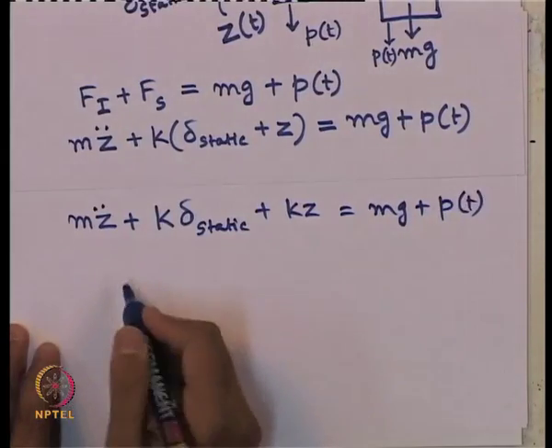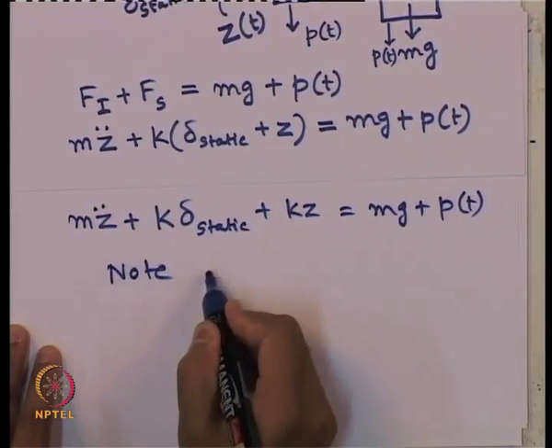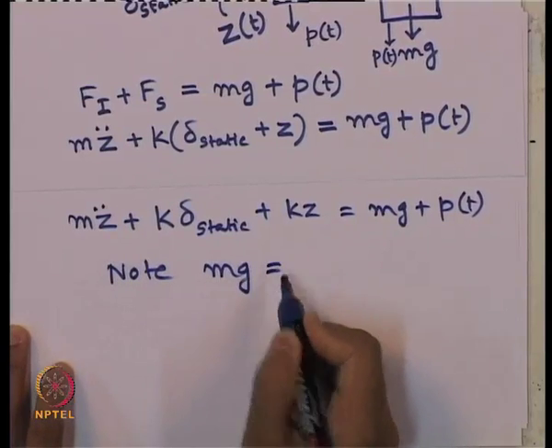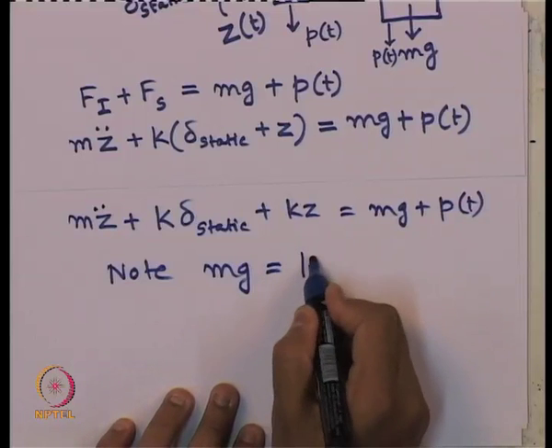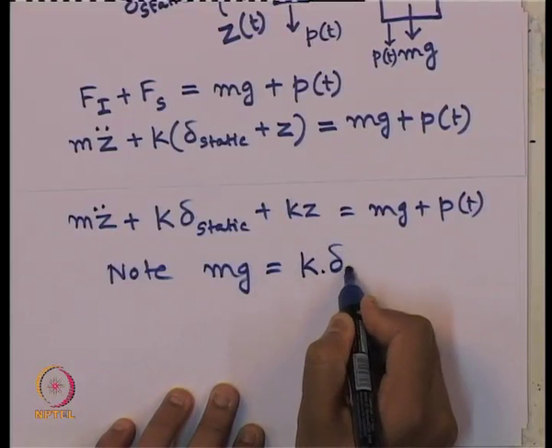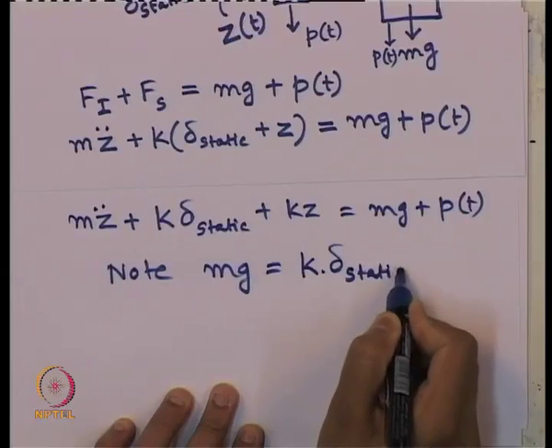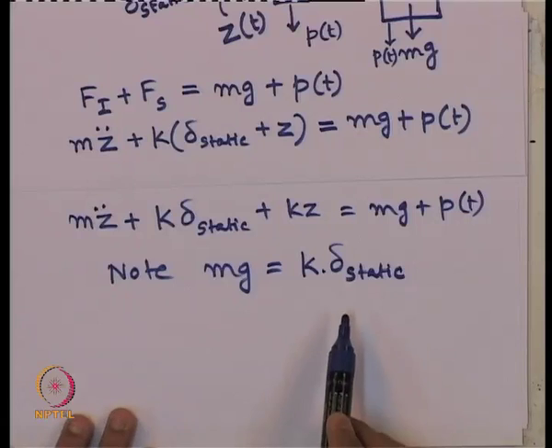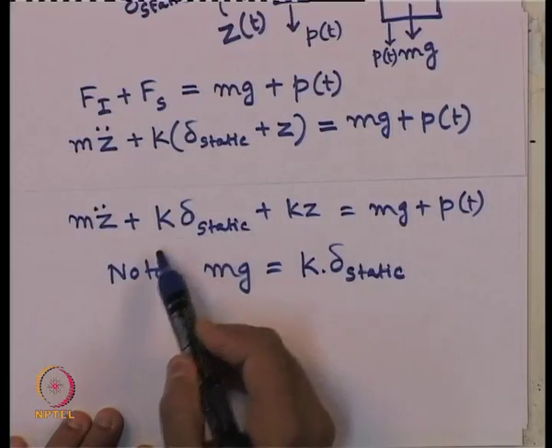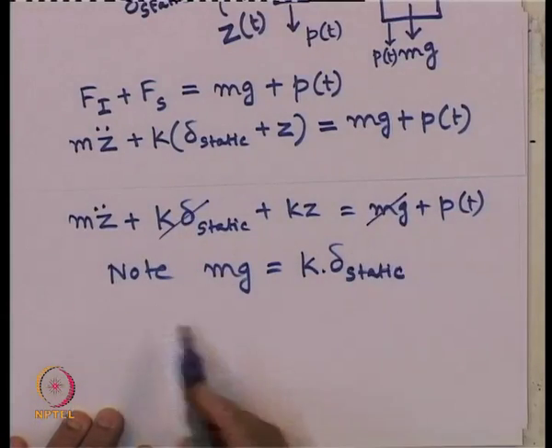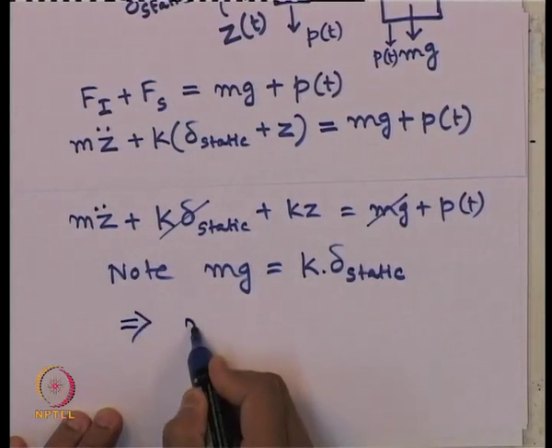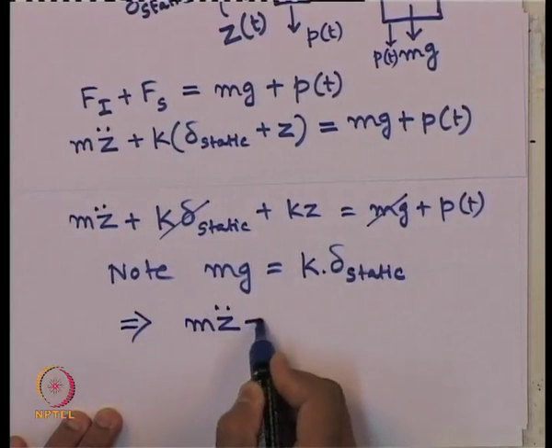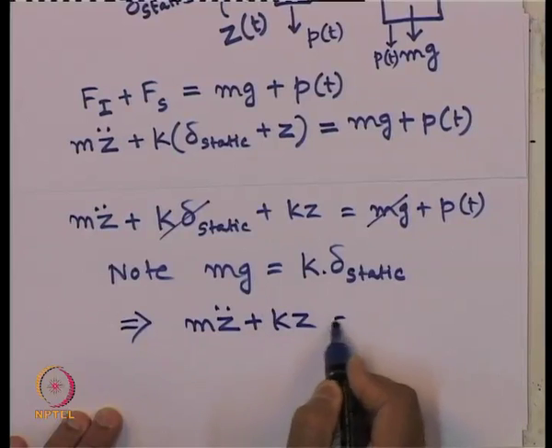Now, in this case note that this mg, weight of the mass, is nothing but k times delta static, because on adding the mass, due to its own weight it comes down and this is the static displacement. So, these components are equal, and this can cancel. Therefore, the governing equation of motion we are getting is m z double dot plus k z equals P of t.